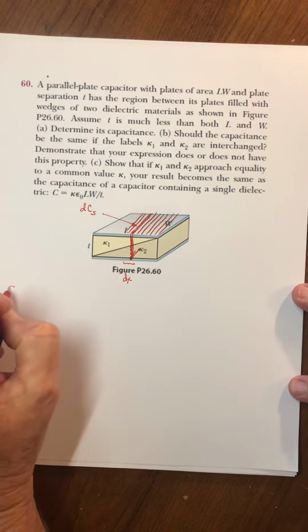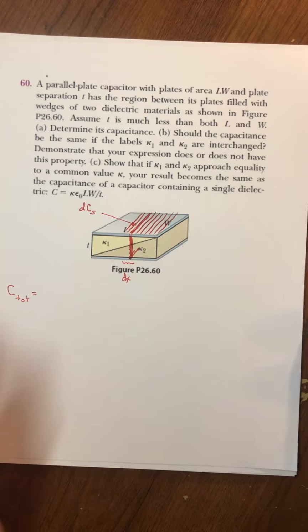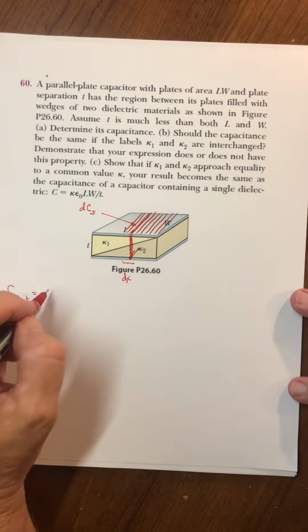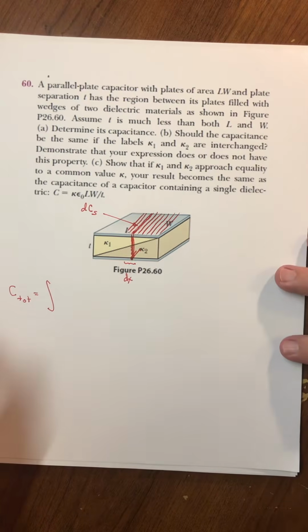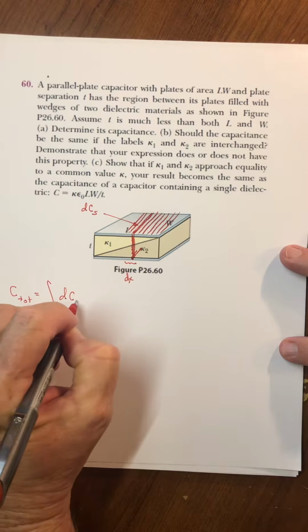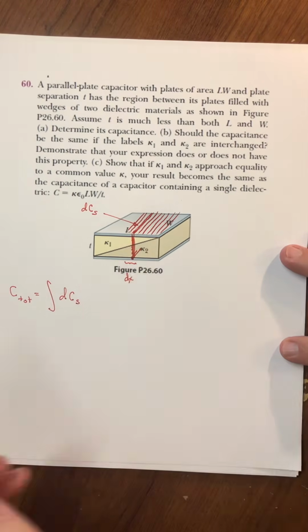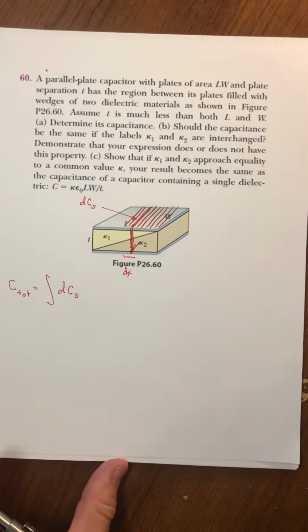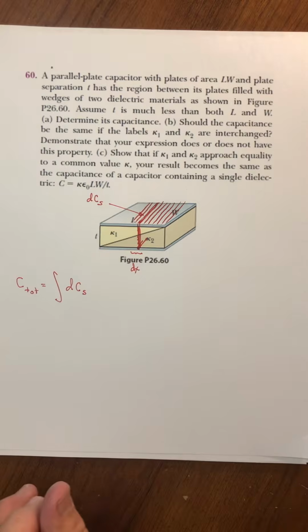And so maybe the place to begin here is to say, if you want to know the total capacitance, you would be adding up, and so there's my integration symbol, a bunch of microscopic capacitors that are made of these little strips going back. And so that's probably the first and most important conceptual picture.